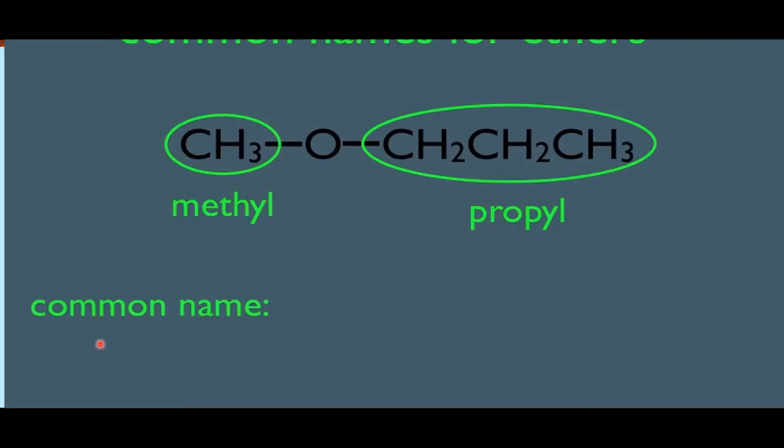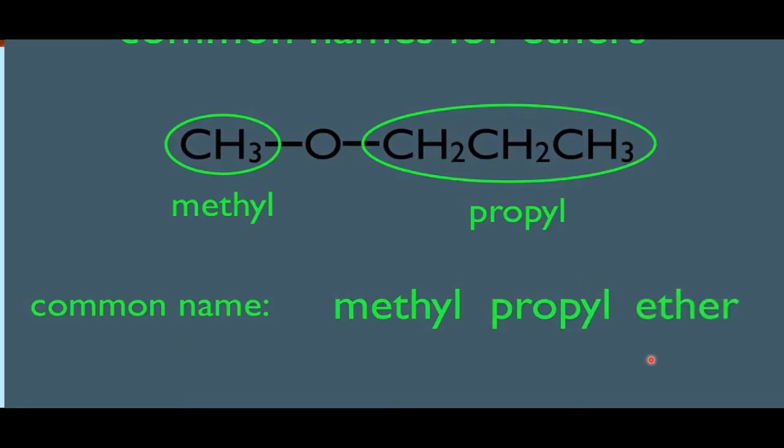So the common practice to write down the common name is to place the two groups alphabetically. First will be methyl group, then space, then propyl group, and then you have to write down the word ether by having one space in between. So the common name is methyl propyl ether.